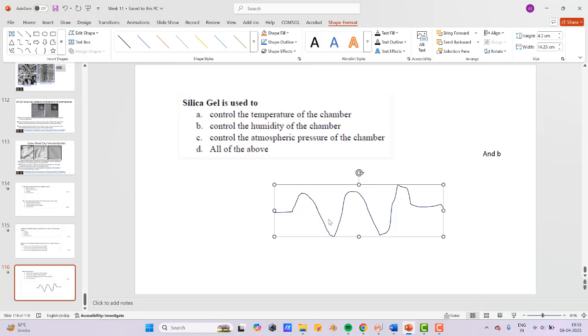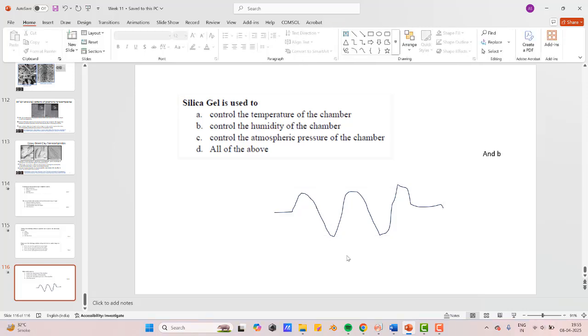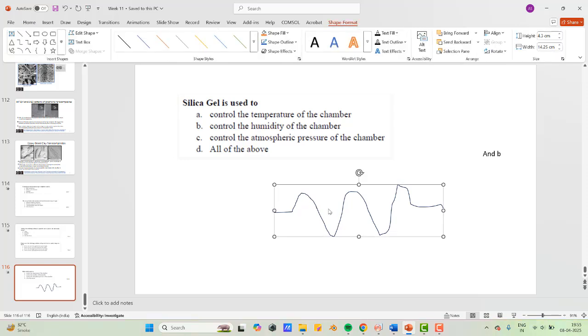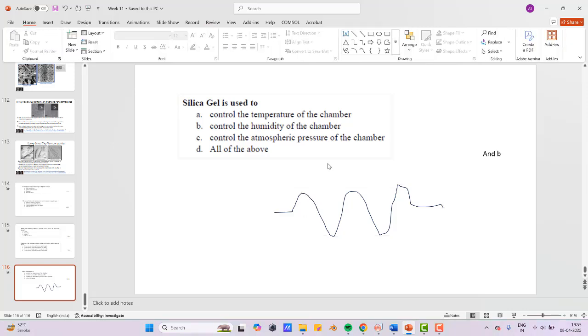I'm not sure, but I think it should be less than 100. Suppose the electron beam is coming from here, it will image the depth of the valley also.